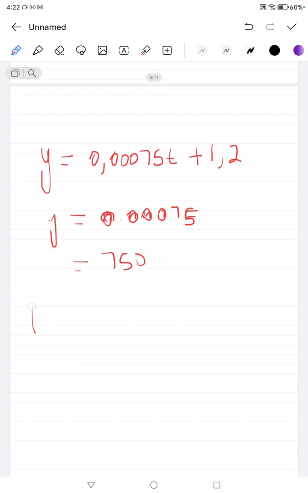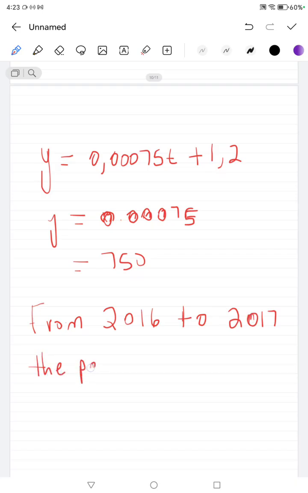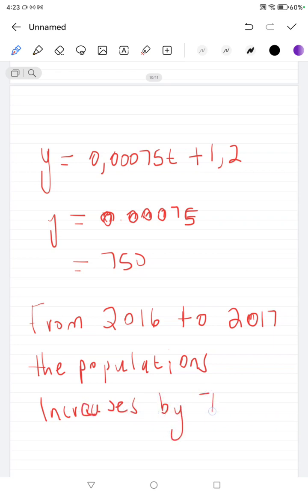So you will conclude and say from 2016 to 2017, what happens? The population increases by 750.